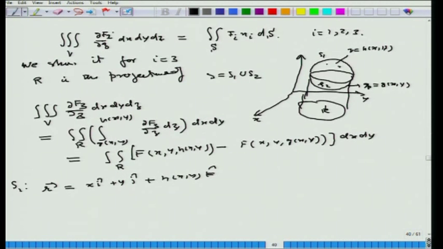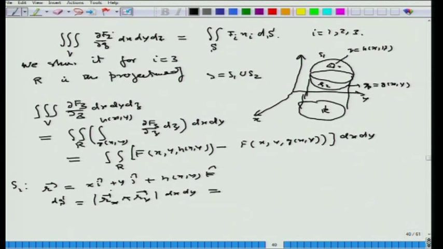So, ds here will be the absolute value of R x cross R y, dx dy.